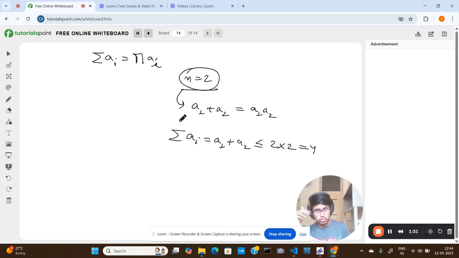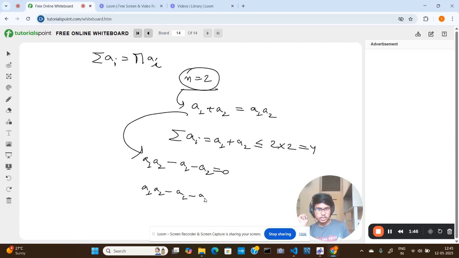So for n equal to 2, we can directly solve this equation. We can add 1 to both sides. That will give us a1 a2 minus a1 minus a2 plus 1 equal to 1, and that will give us (a1 minus 1) times (a2 minus 1) is equal to 1.